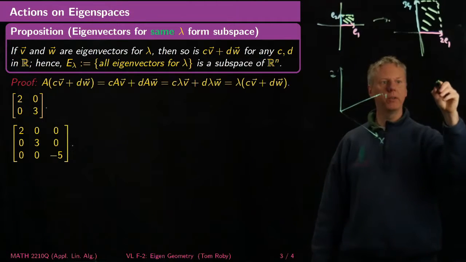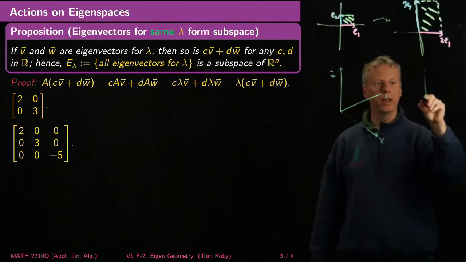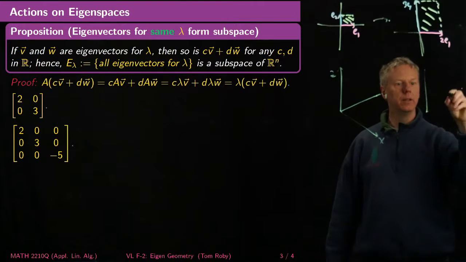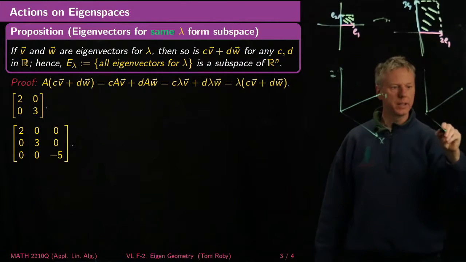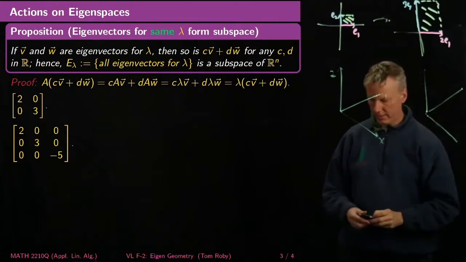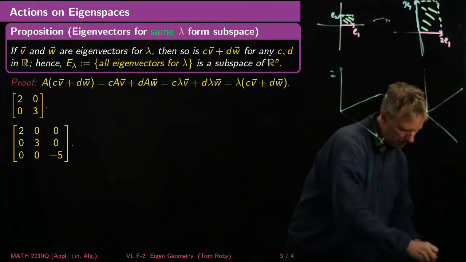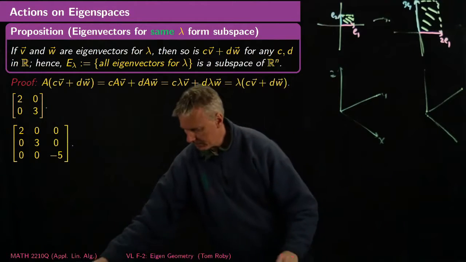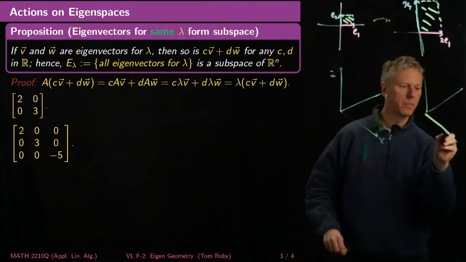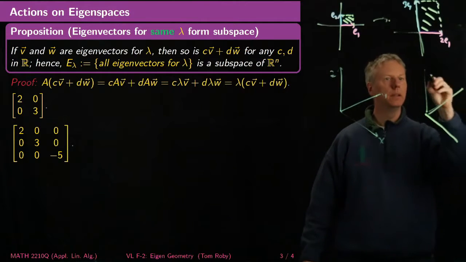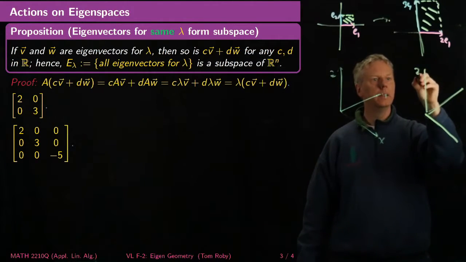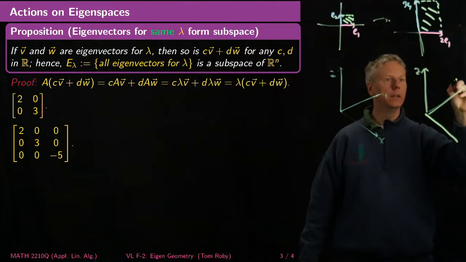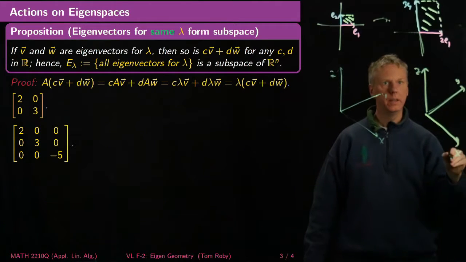And now I'm mapping over here in my image. I've got this axis, and this axis. And maybe I need a new green pen too. That's better. So z, y, x.